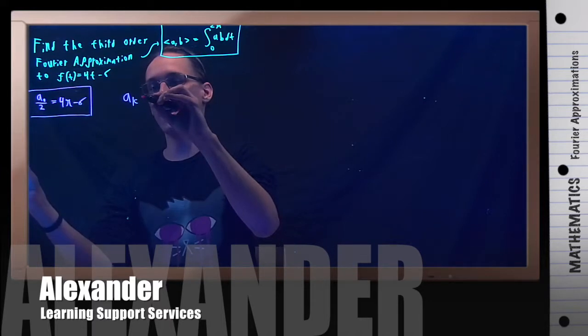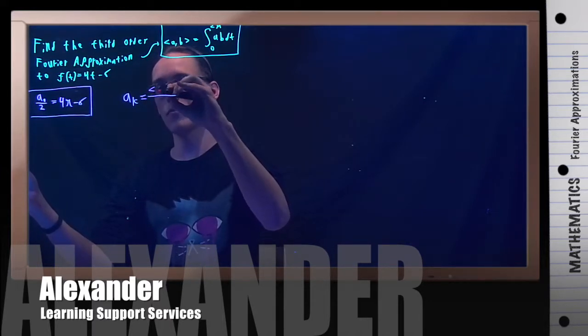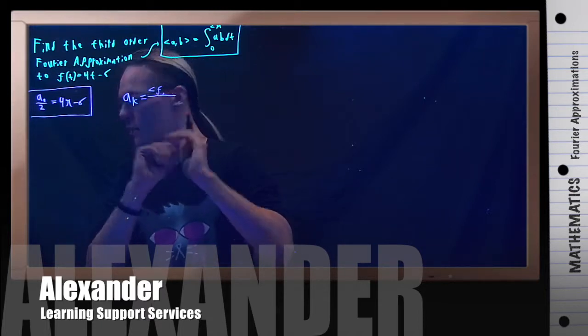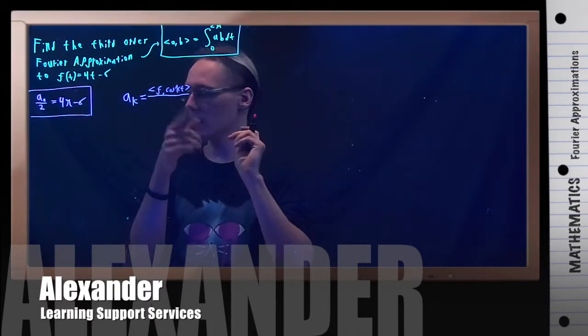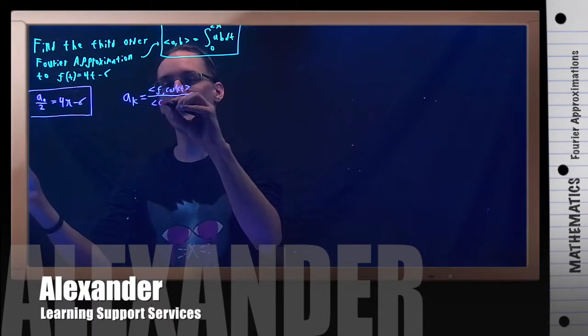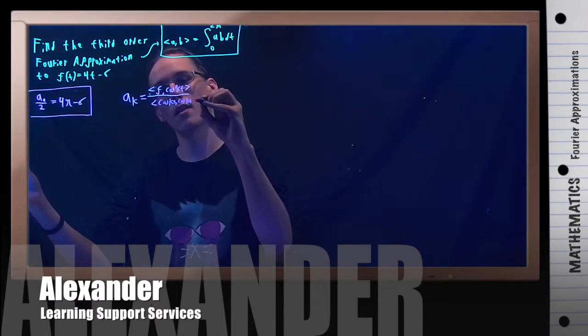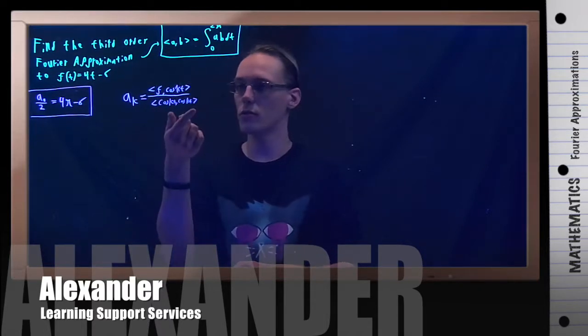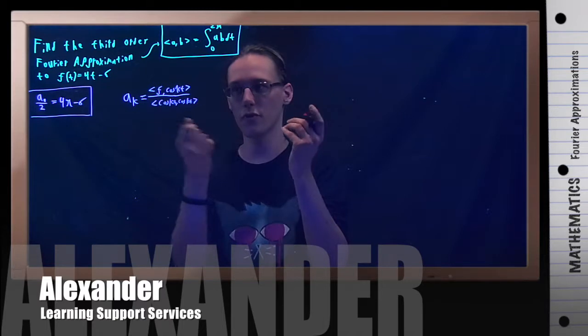So now if I go to find ak, this is going to be the inner product of the function with cosine kt, over the inner product of cosine kt with cosine kt. In general, if you do the integral of cosine squared kt, you're going to get pi regardless of what k is.